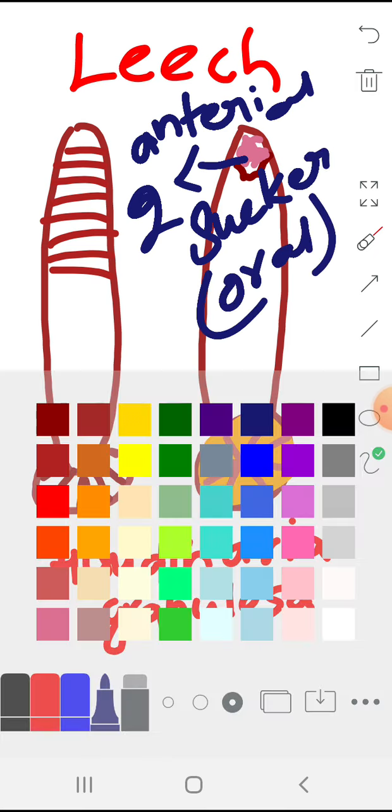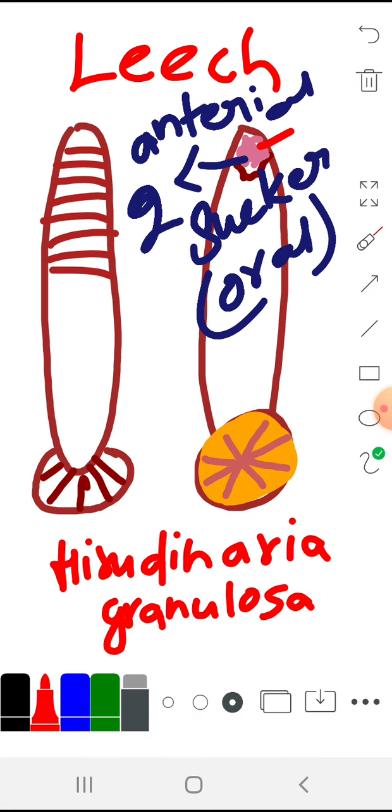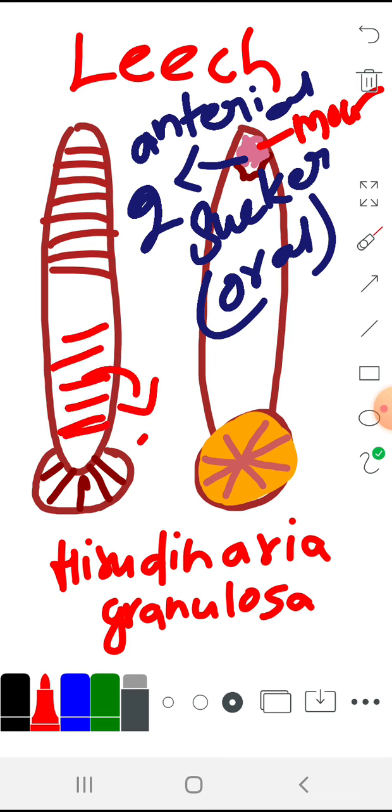And this pink part is the mouth of the leech. Then the posterior sucker is formed in the last 7 segments.